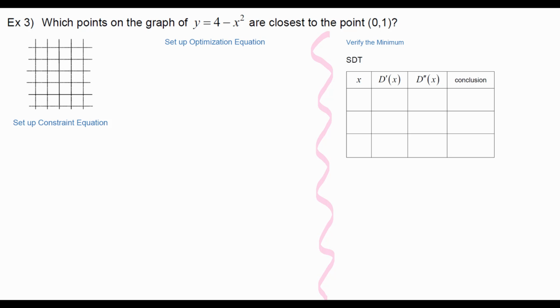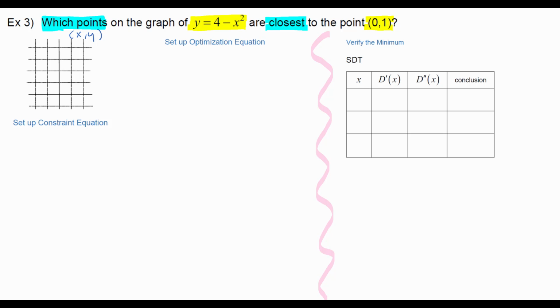So let's verify what's given to me. I'm given a function y equals 4 minus x squared with a point (0, 1), and I'm trying to find the point. So my answer has to be an ordered pair (x, y) such that the distance from (x, y) to (0, 1) is the closest.